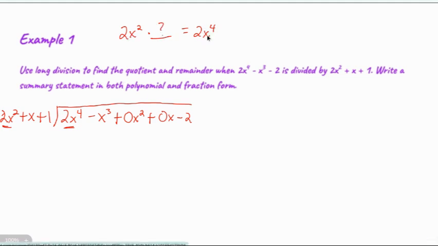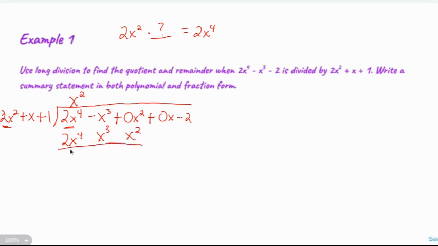So I got to think 2x to the 4th divided by 2x squared would just be x squared. So 2x squared times x squared is 2x to the 4th. Okay, but we're going to go through and do that with the remaining terms. So x times x squared, that would be x cubed. And then 1 times x squared is just x squared.